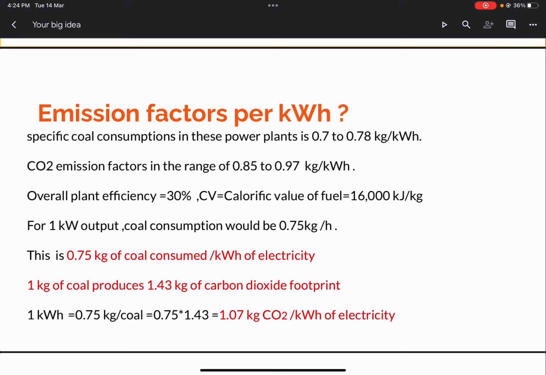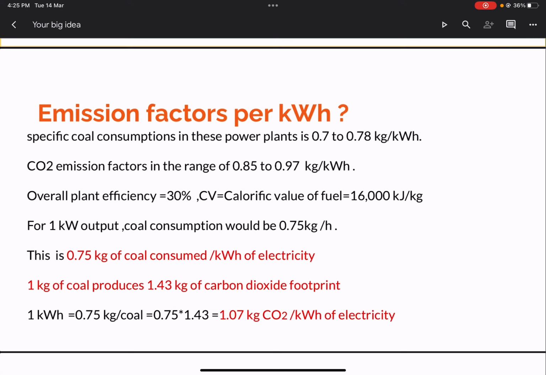Okay, this gives us the emission factor as 1.43 kgs of carbon dioxide footprint. So 1 kg of coal, when it is burned in the Indian power plants whose efficiency is 30%, gives us the carbon dioxide footprint as 1.43.